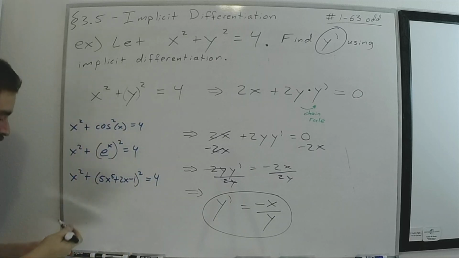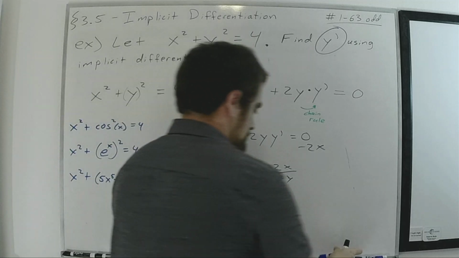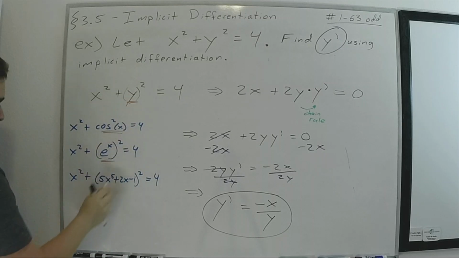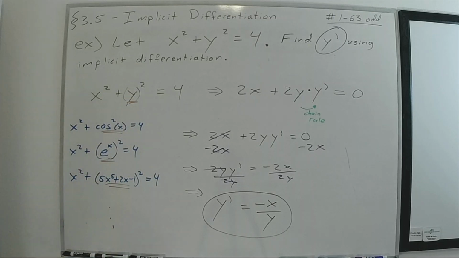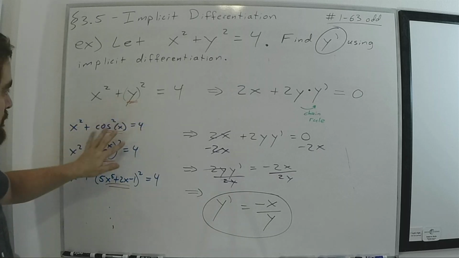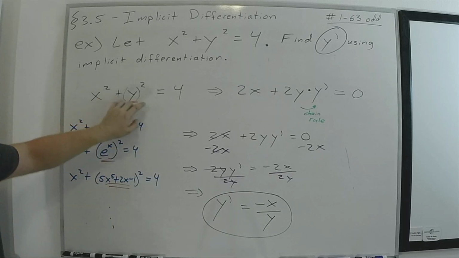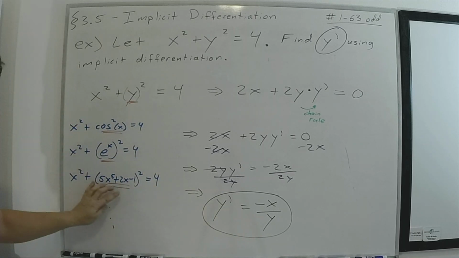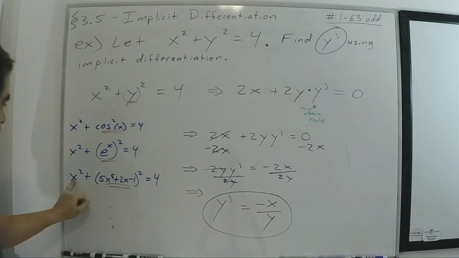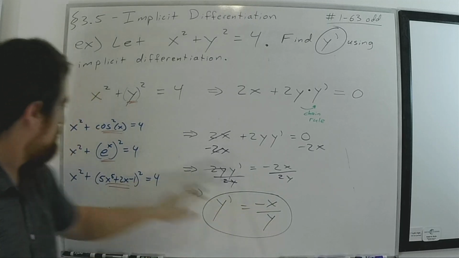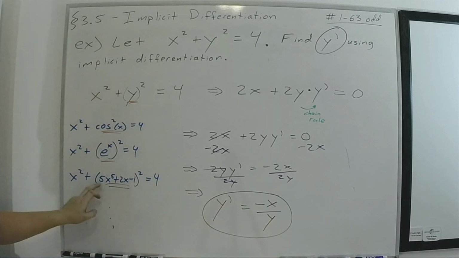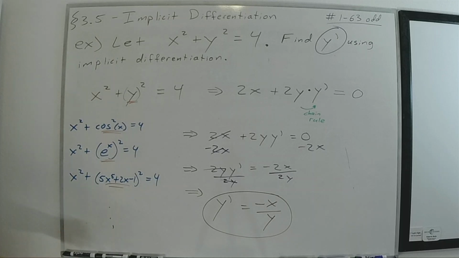Right, you can see that this y function could be anything, etc. If I can differentiate this and I know the pattern, then to get the derivative of any one of these, I simply have to take the ratio of negative x over y. If it happens to be cosine of x for y, I plug that in. If it happens to be e to the x for y, I plug in e to the x. If it happens to be this polynomial, I plug in this polynomial. So you can see it's a much more general strategy.